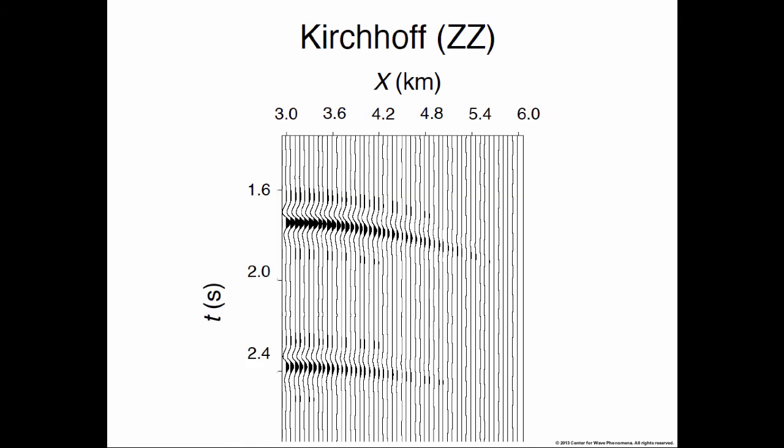This is the displacements we get from this scheme, and we can see that in the second event the wiggles died out sooner than in the first event. This is because for farther offsets in the second event there's more attenuation, as the ray paths are longer.